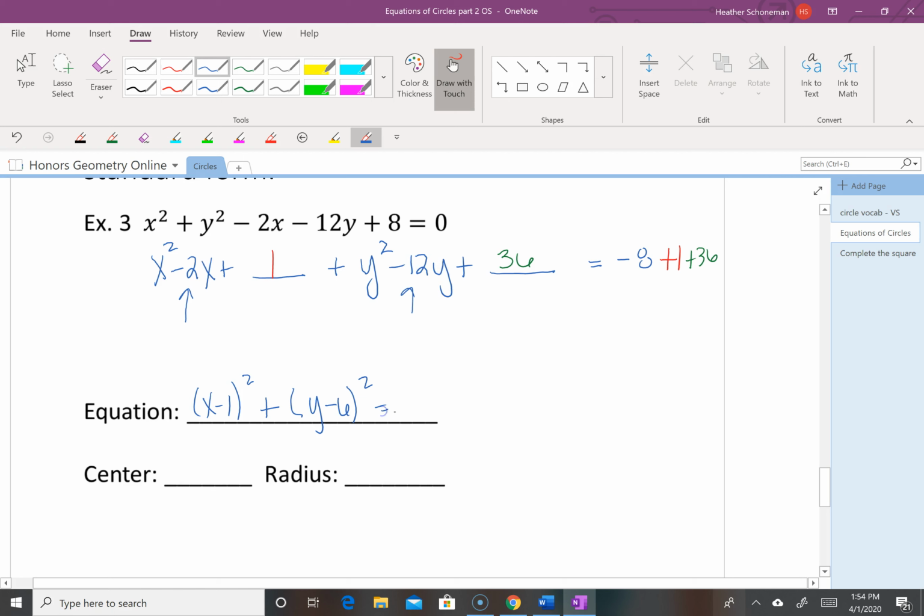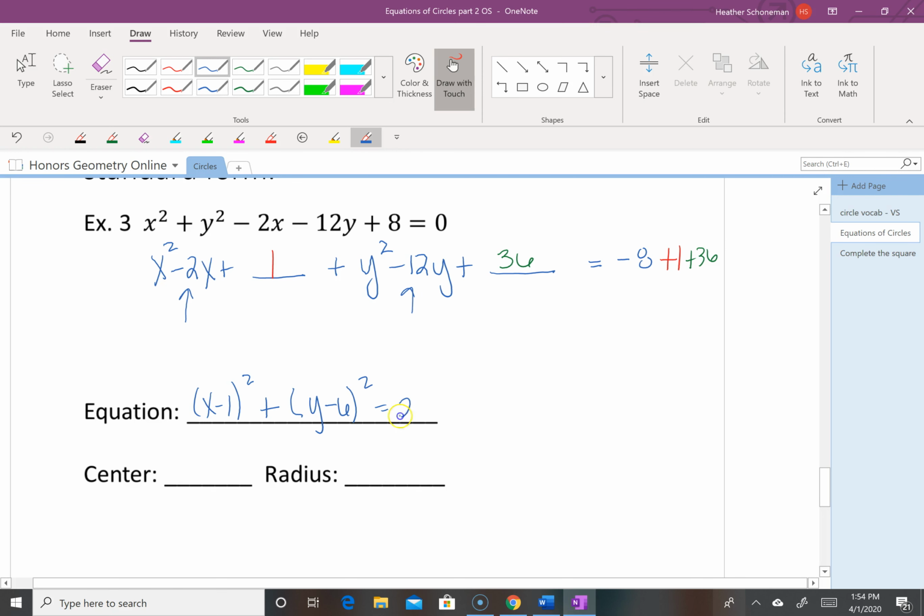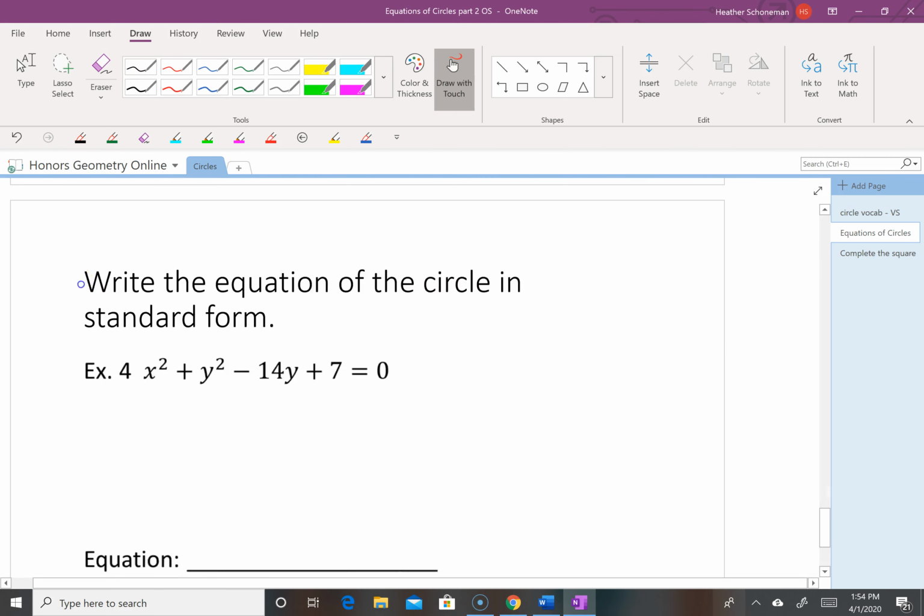On the other side, watch your signs. You have -8 plus 1 plus 36, which gives you 29. So my center is 1, 6, and the radius is the square root of 29, which doesn't simplify. All right, we're going to do one more, and then you're done with your notes for today.